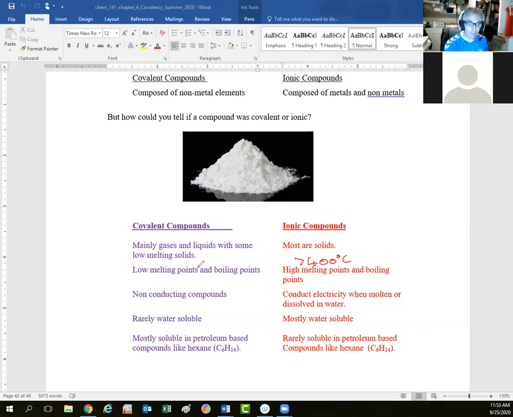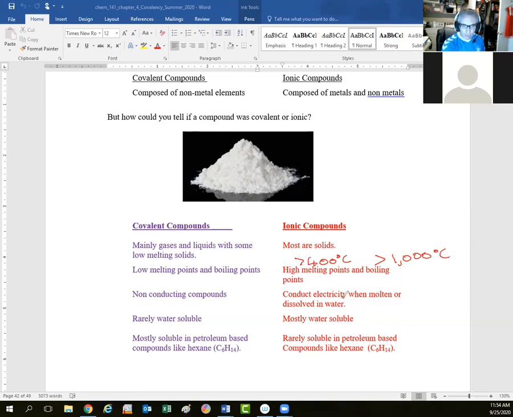Covalent compounds have low melting temperatures. For the boiling point, if the boiling point is above 1000 degrees Celsius, that's probably ionic. But if the boiling point is below 1000 degrees Celsius, there's a good chance that it's covalent. Again, there are occasionally exceptions, but that would be a good starting point.